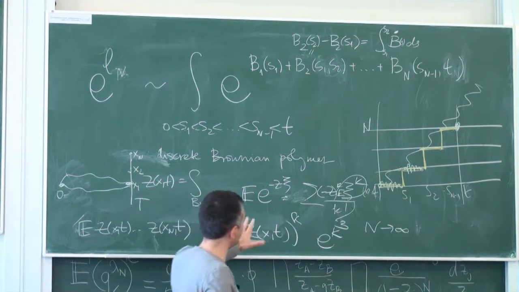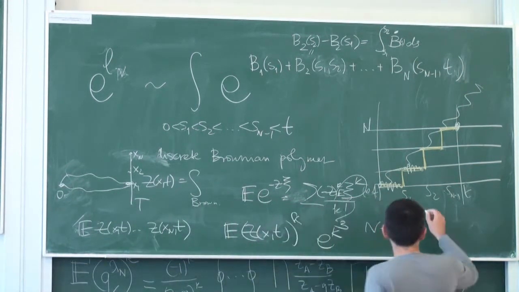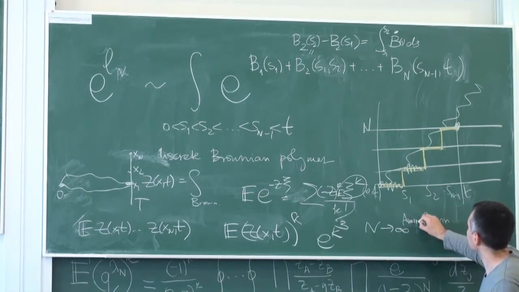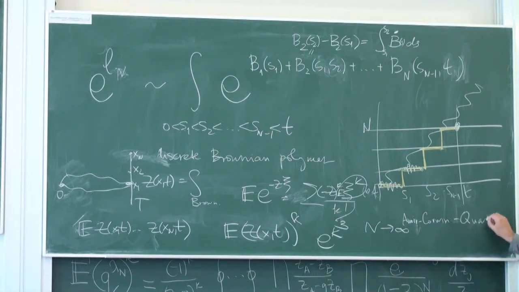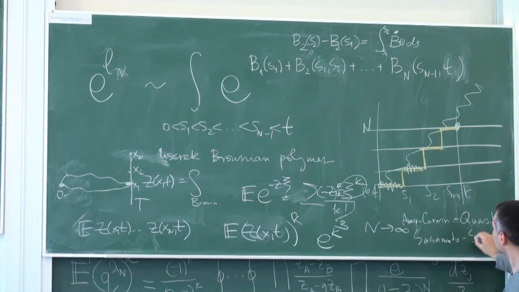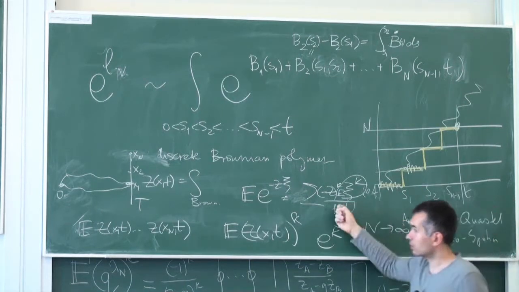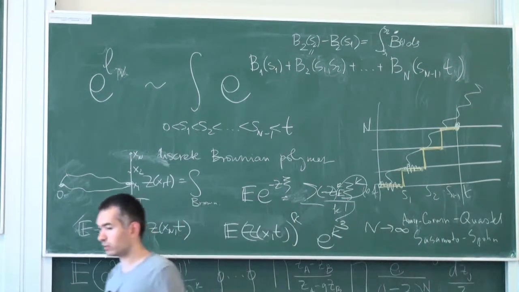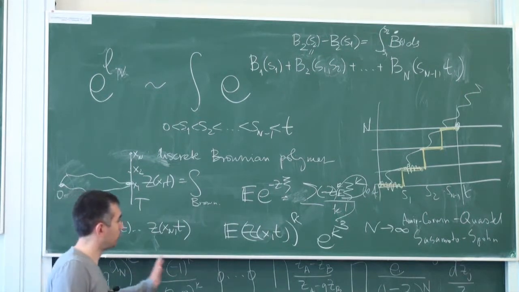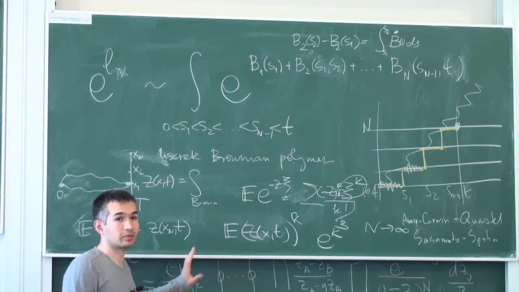Mathematicians later derived this expression. It was done in actually two works, Amir, Corwin, and Quastel, and then in parallel, Sasamoto and Spohn, who solved this problem using previous work of Tracy and Widom on the asymmetric simple exclusion process. This is a parallel line of reasoning that so far has not intersected with what I was talking about.